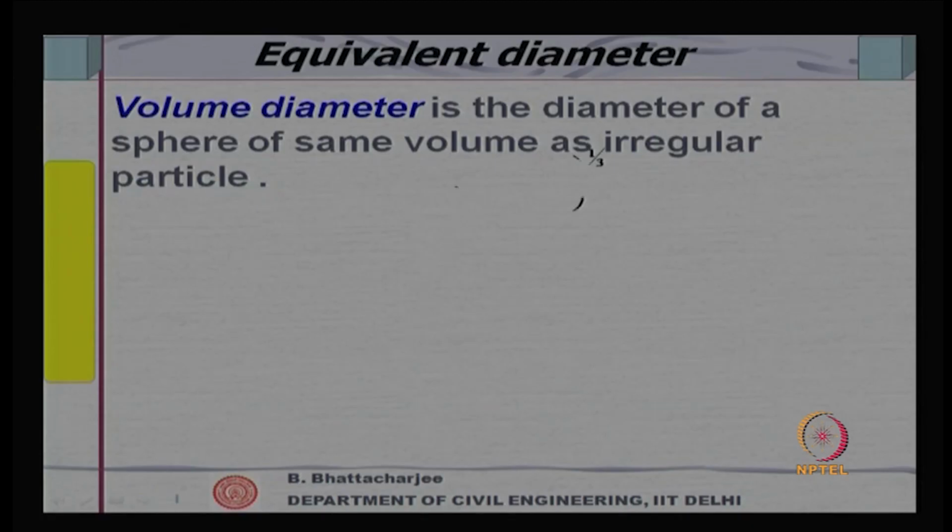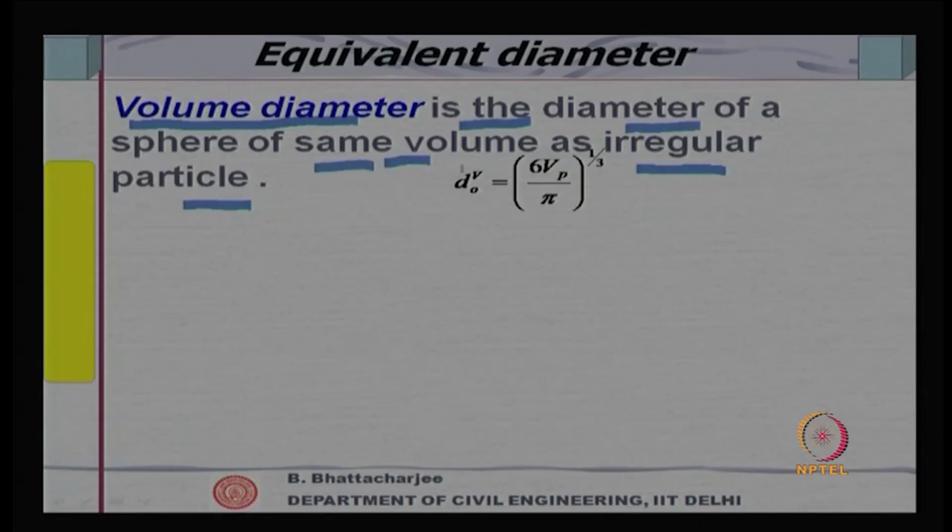But quantification is possible in terms of volume diameter. For example, volume diameter is the diameter of a sphere having the same volume as the irregular particle. So, the volume diameter of a particle of an aggregate is the diameter of a sphere having the same volume.